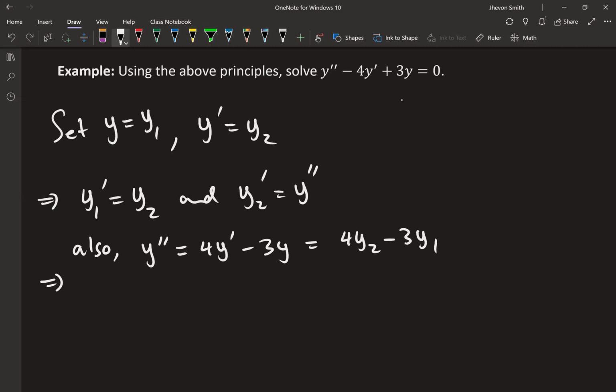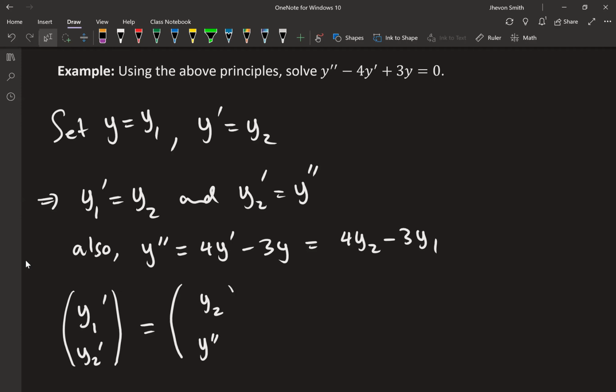And so this leads me to the following scenario. I can line these guys up. If I look at y1 prime and y2 prime, my y1 prime is y2, and my y2 prime is y double prime, which is equal to 4y2 minus 3y1.